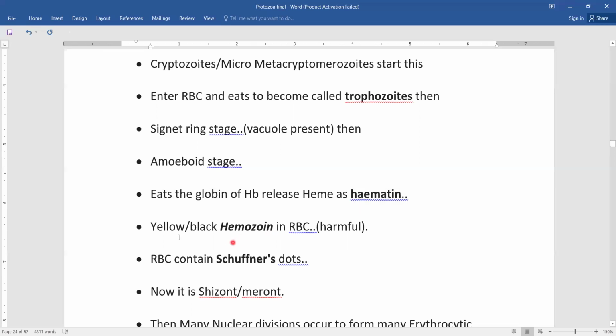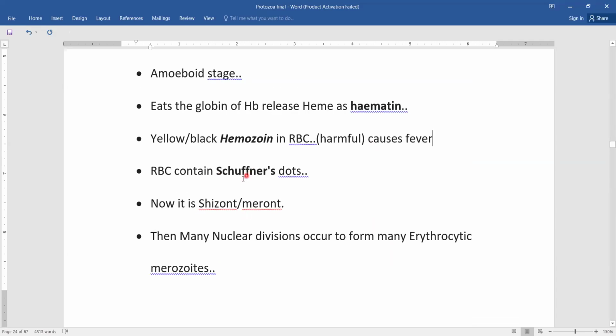Okay, it is yellow or black in color. In the RBC, that causes the fever. And in the RBC you can also see some excretory products called Schüffner's dots.